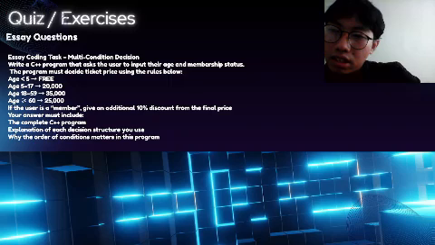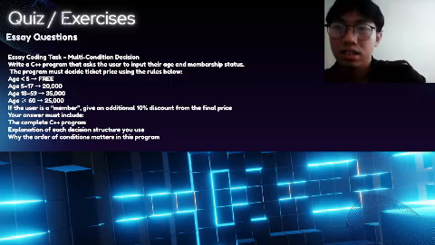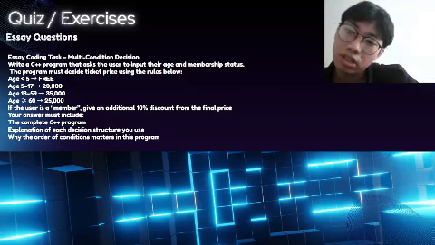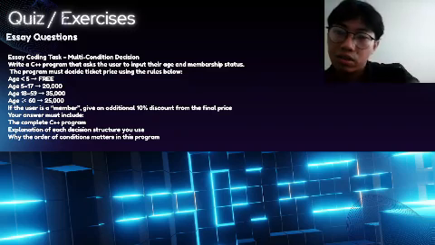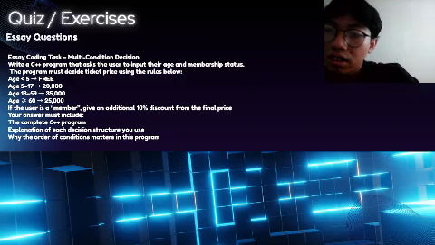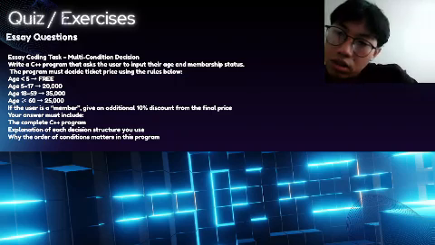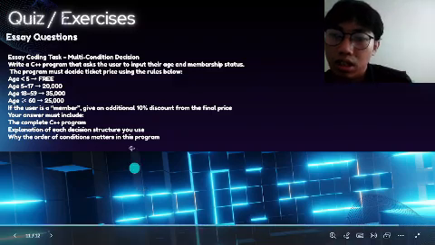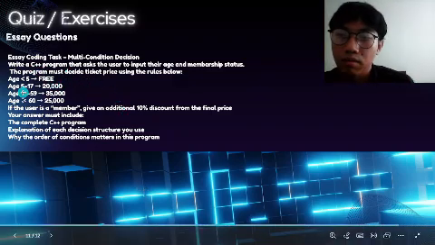If the age is less than 5, it's free. If the age is in the range of 5 to 17, the price is 20,000. If the age is 18 to 59, the price is 35,000.